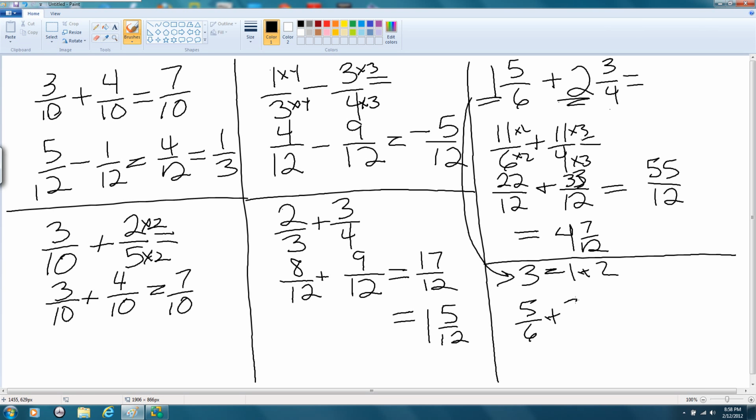And then we have 5/6 plus 3/4. 5/6 we're going to convert to twelfths. So that's going to be 10/12. And then 3/4 is going to multiply top and bottom by 3. We're going to get 9/12. And then we get 19/12.